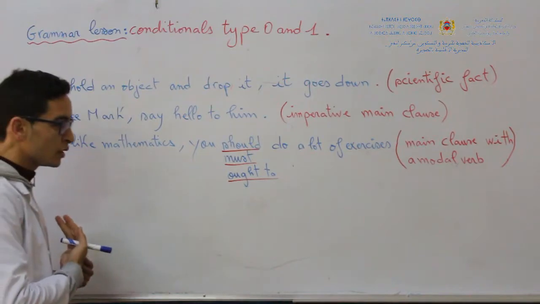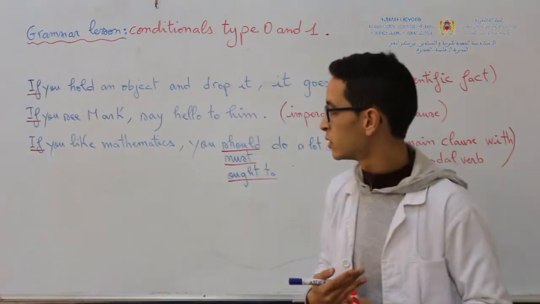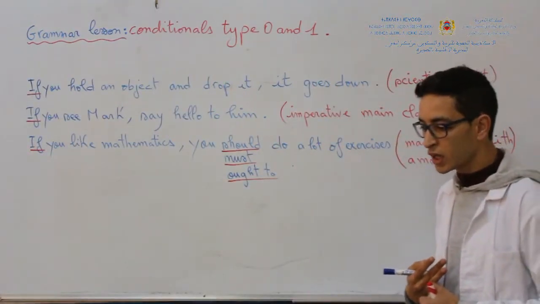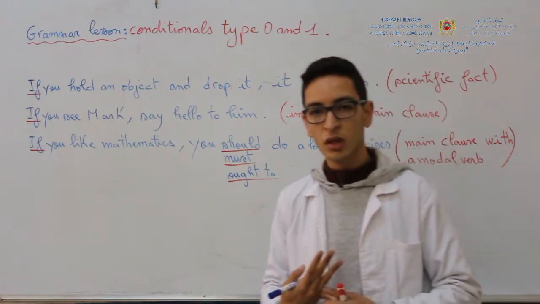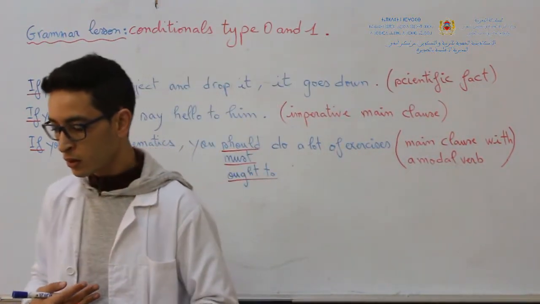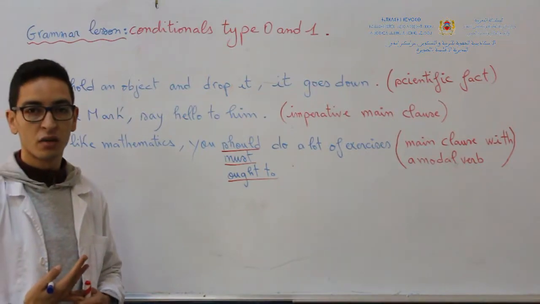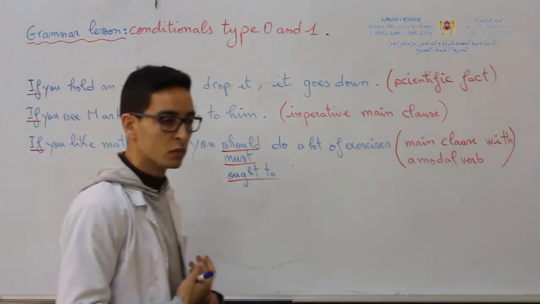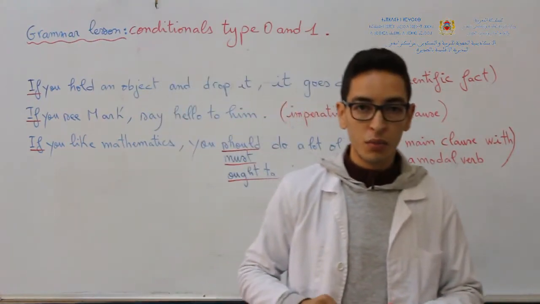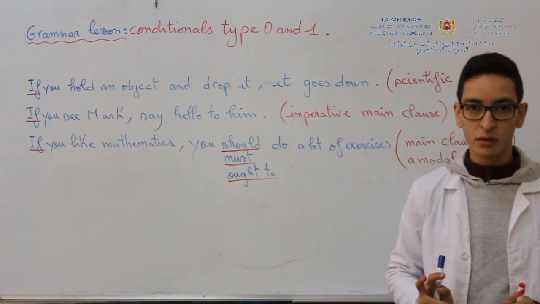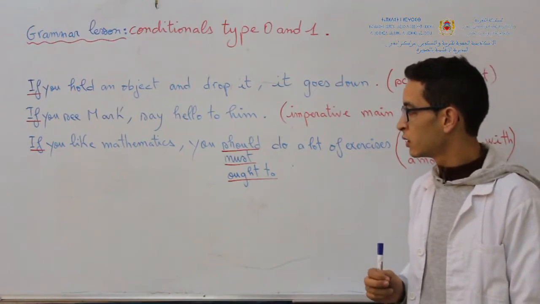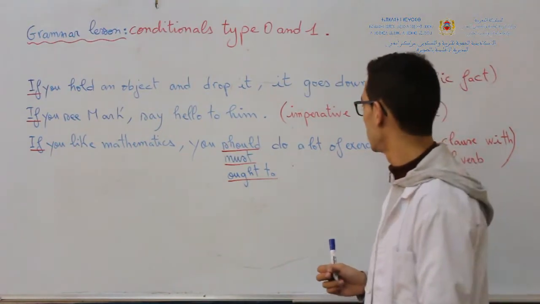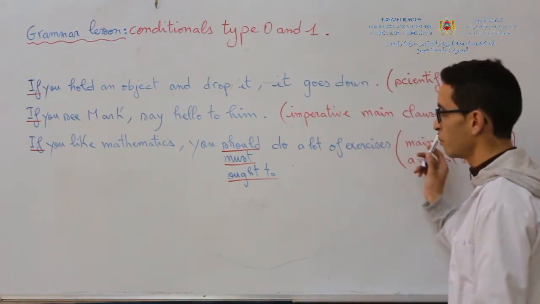We can imagine another similar sentence. For example, if you love your parents, help them, or say something nice to them, or be with them most of your time. So this is an imperative sentence, or an imperative main clause.